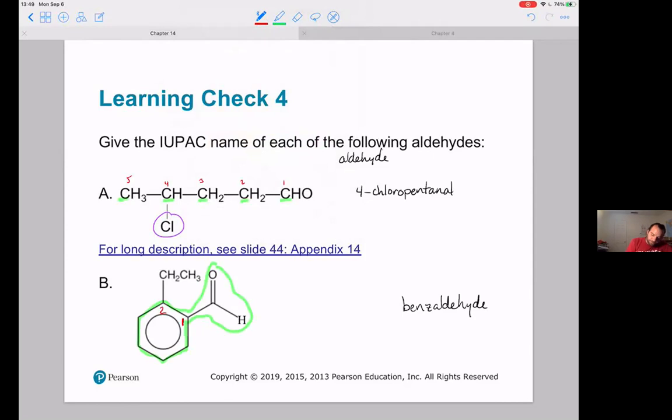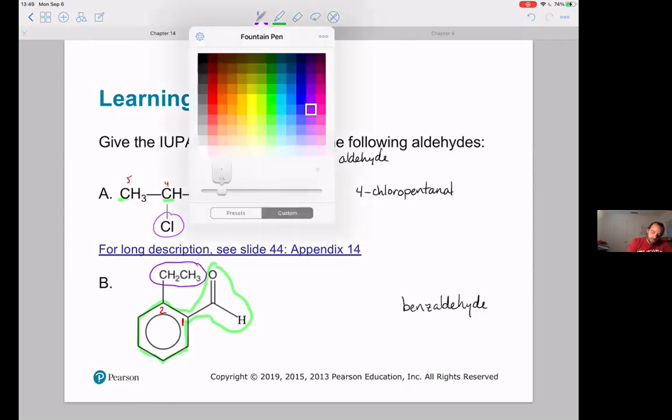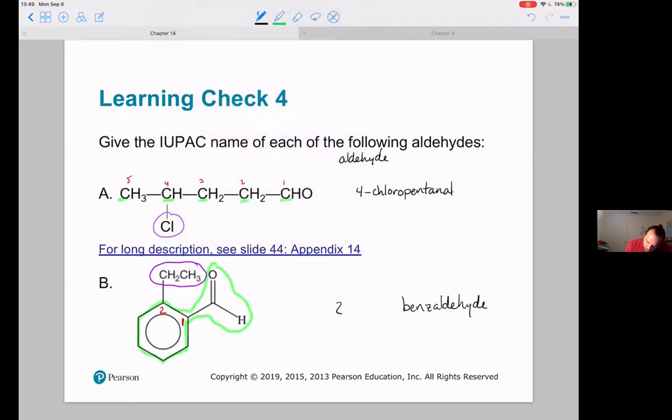So on carbon 2, I have a 2-carbon substituent. So this would be 2-ethylbenzaldehyde, and that's all one word. So let me smush this together better. 2-ethylbenzaldehyde.